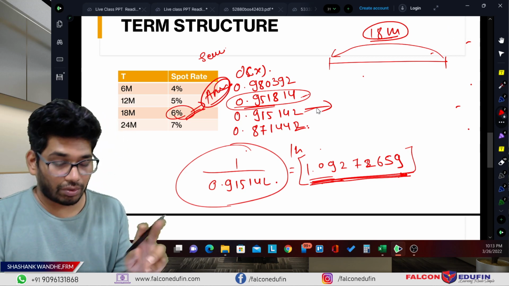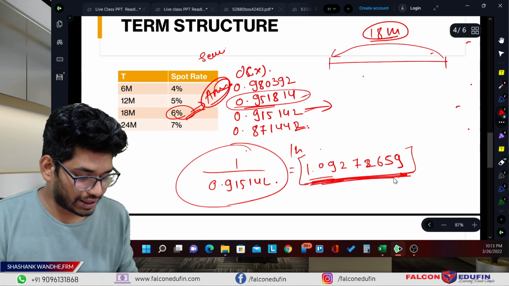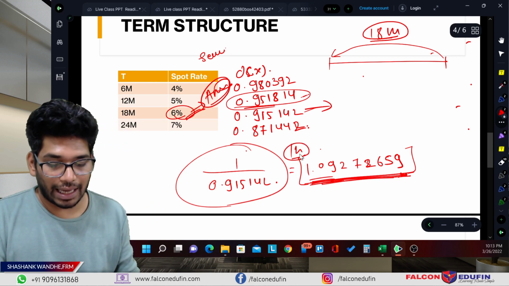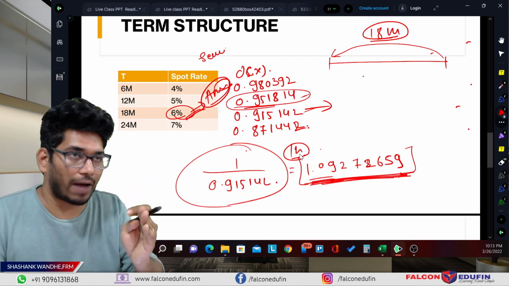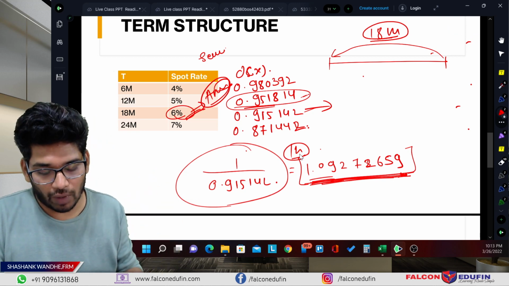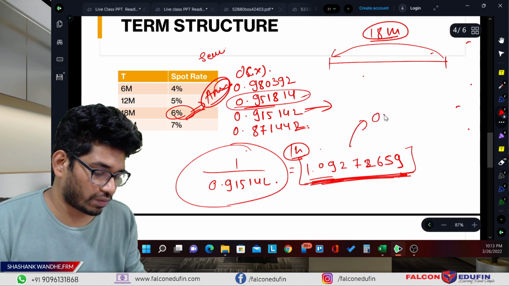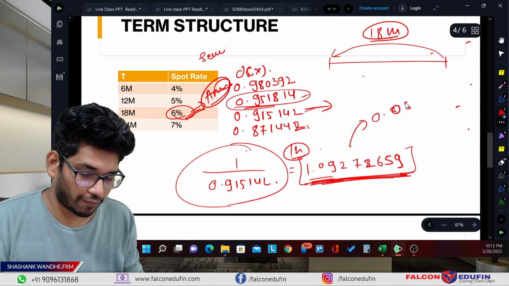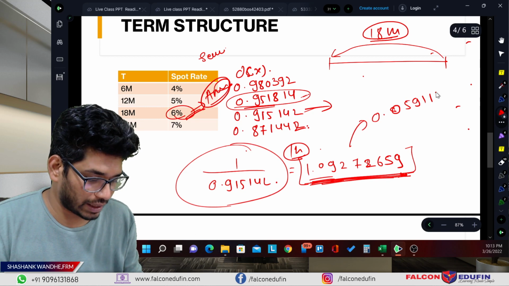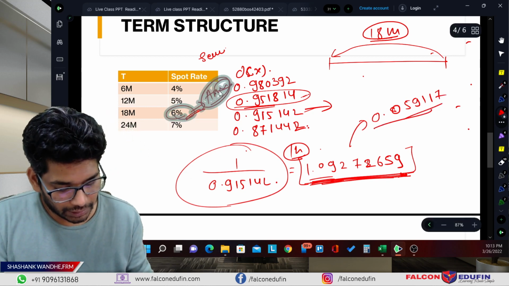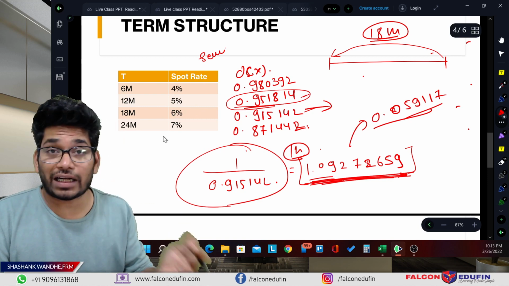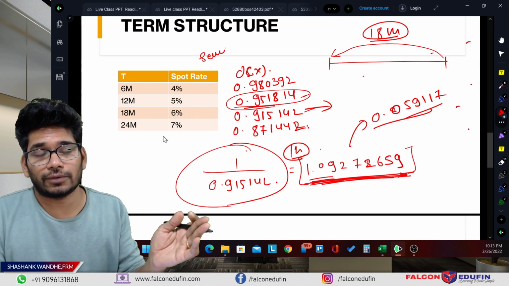Press equal to, then press ln. You will get this term. As soon as you press ln, you will get the rate value, and you have to divide it by 1.5, like this. And the rate which you will get is 0.059117.